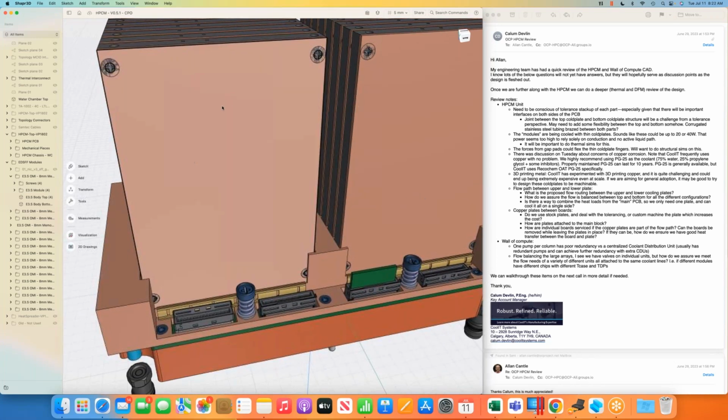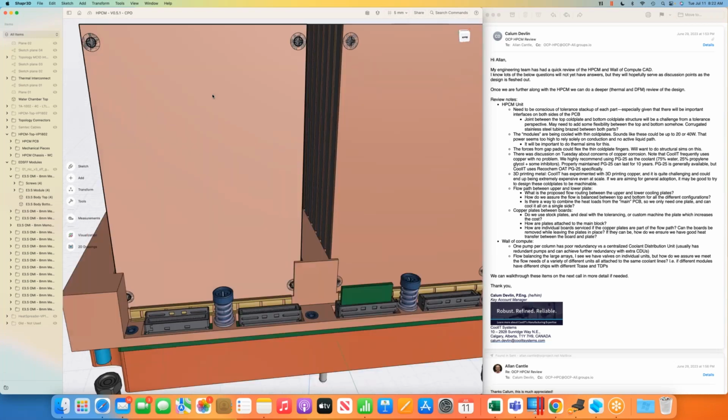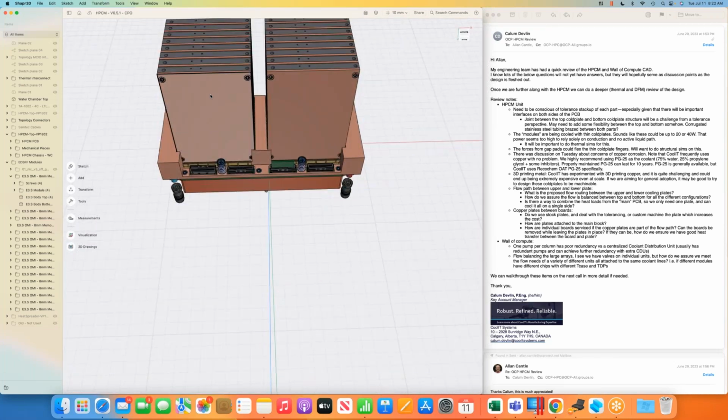And this lid potentially could be a vapor chamber type thing if we needed better conduction, but at the moment it's a solid piece of copper, or aluminum if that is sufficient.